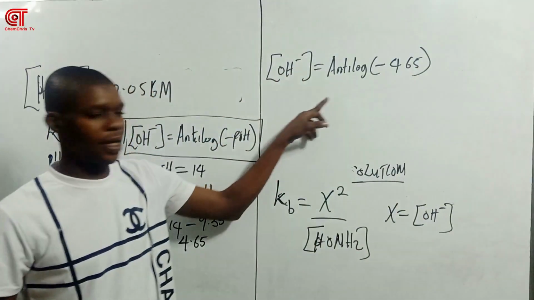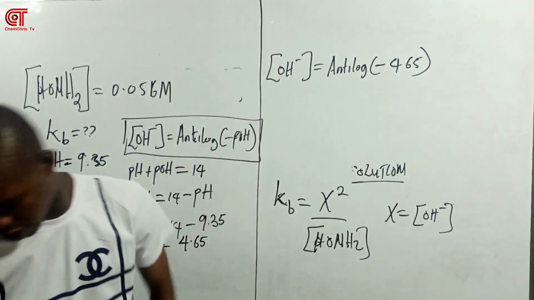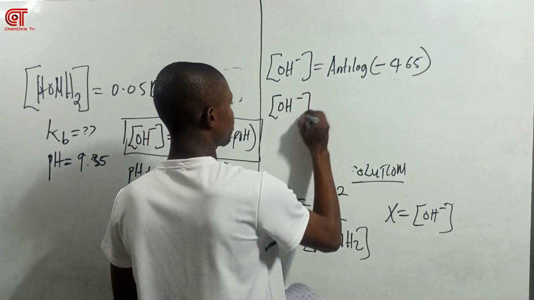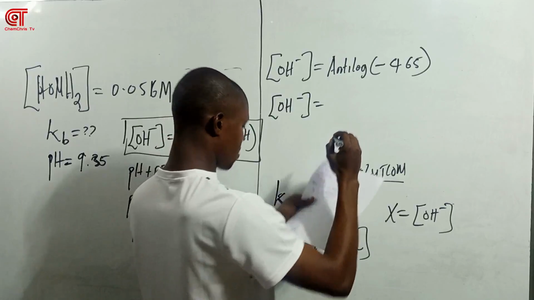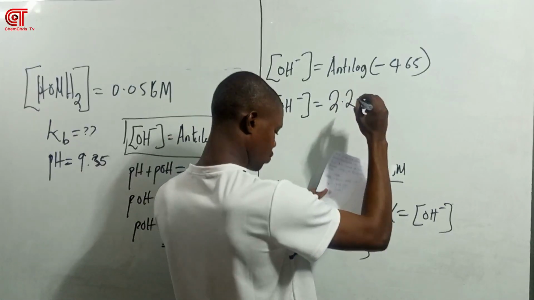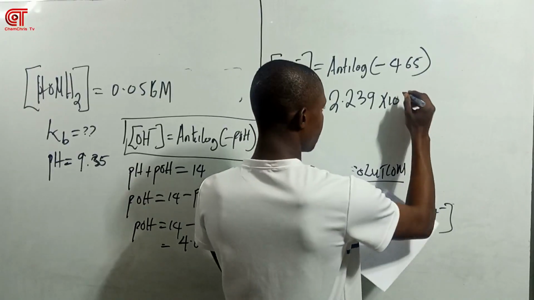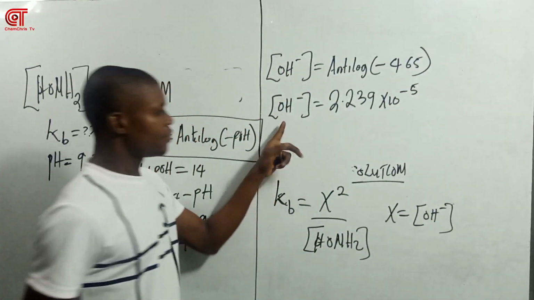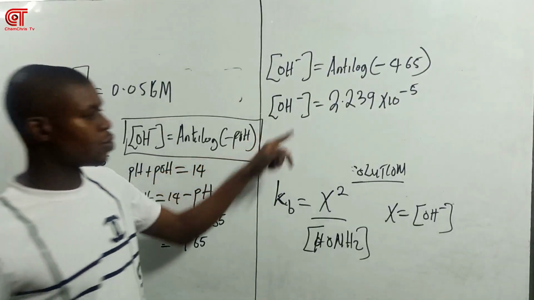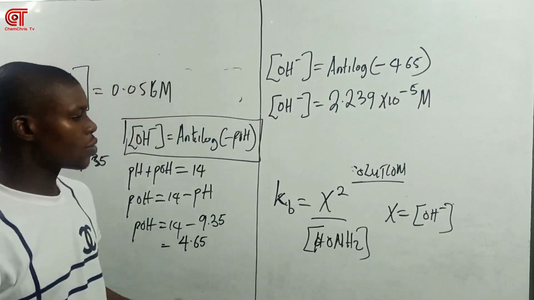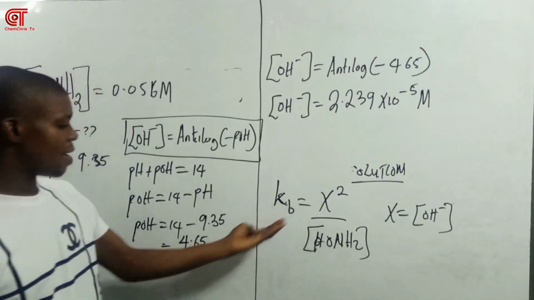If you punch your calculator here, you will get it. I've already done it, so OH minus equals 2.239 exponential minus 5. Remember, it is the concentration, which is in molarity.